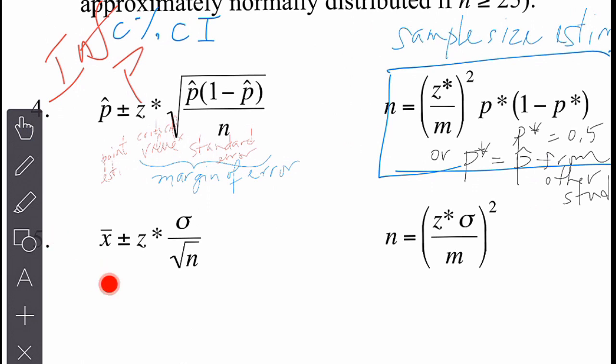Using a sample, we can compute our best guess at the mean, which is the sample mean. So the best guess at the true mean is the sample mean. Because of the theory, we know the sample mean is distributed normal.